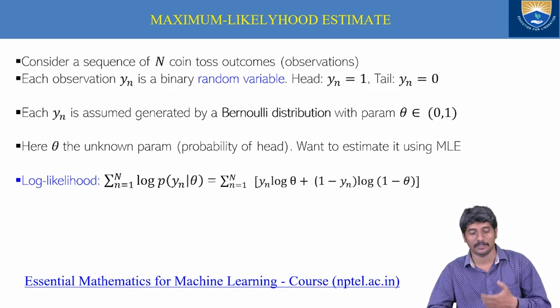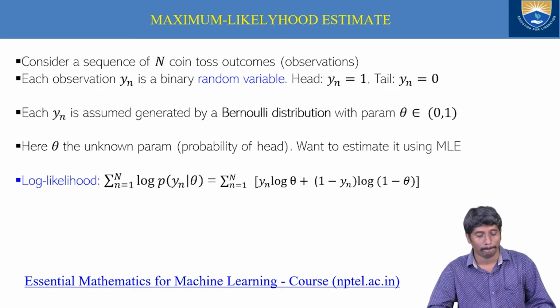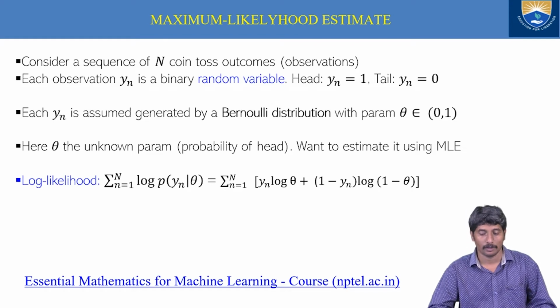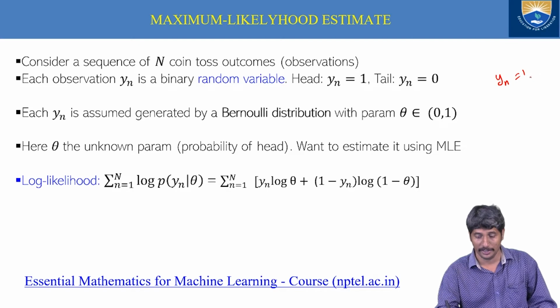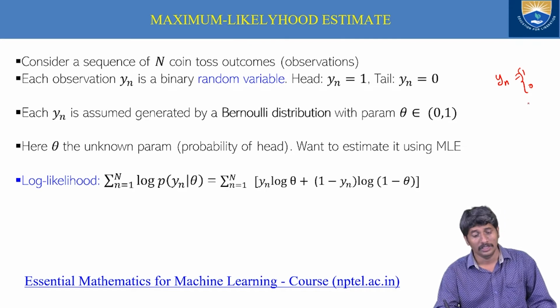Because there are n tosses, you are writing n observations here. You'll write 1 if it turns into head, and 0 if it turns into tail. Now, each y n is assumed to be generated by a Bernoulli distribution with a parameter theta.